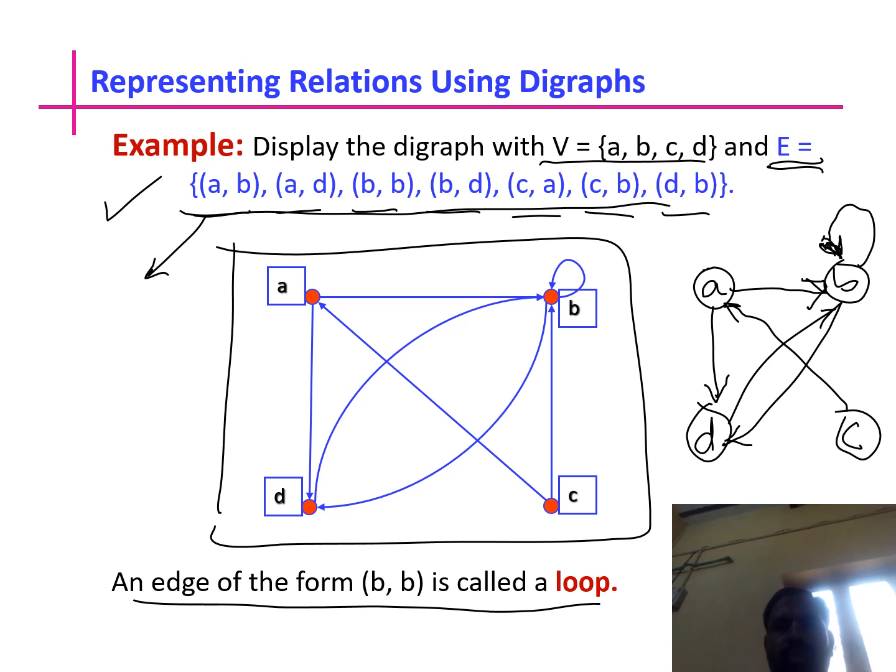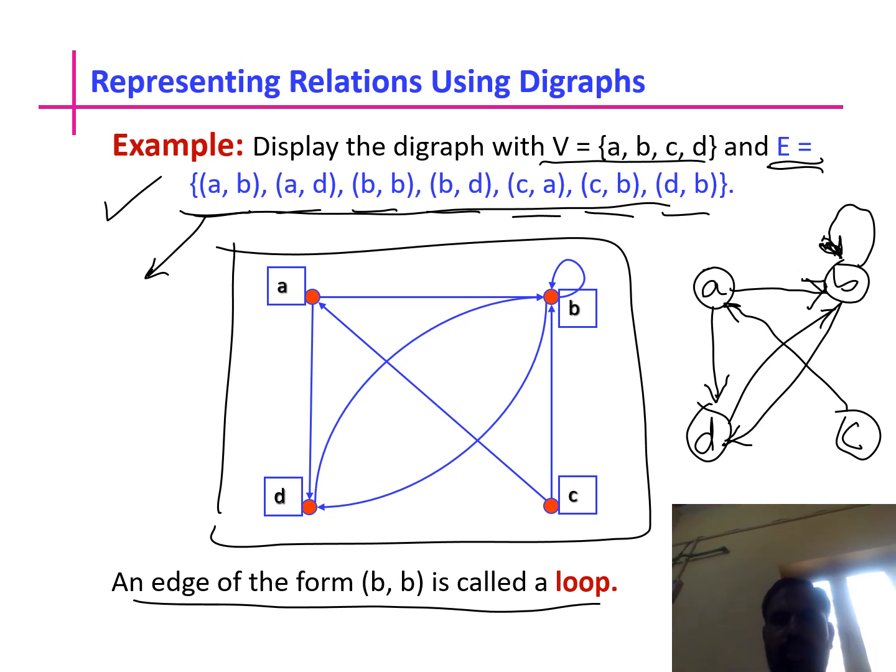To show AB, we draw an arrow from A to B, and AD means A to D. The ordered pair BB is from B to B. This edge is also called a loop. If it repeats by itself, then it's a loop.